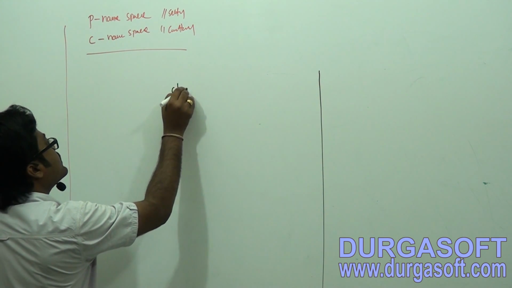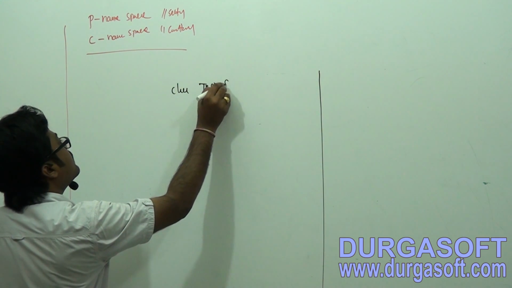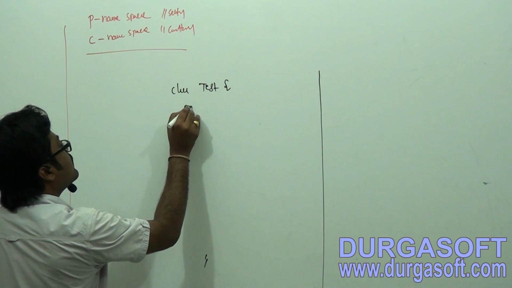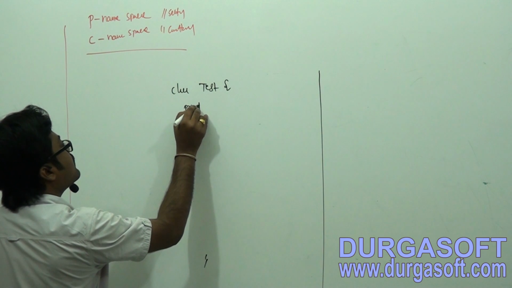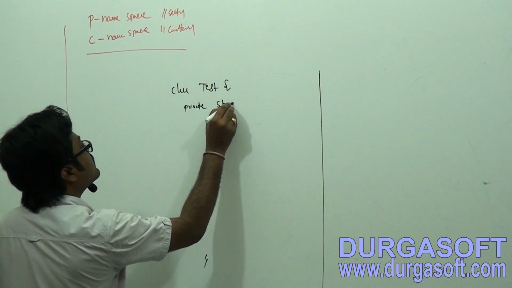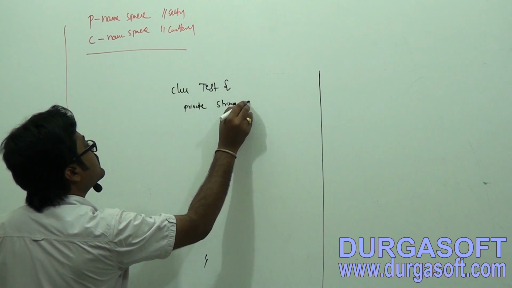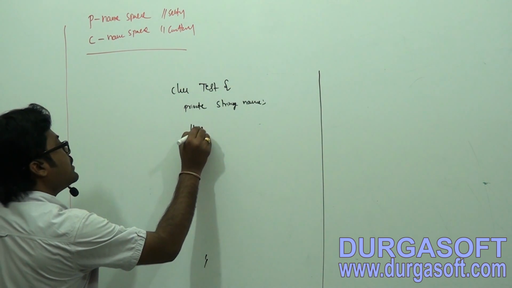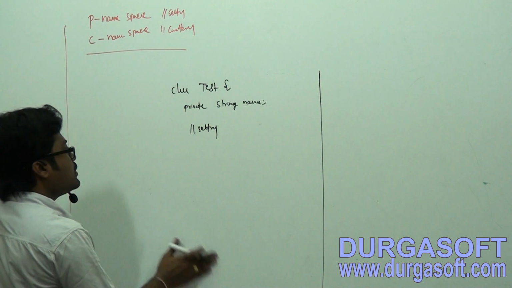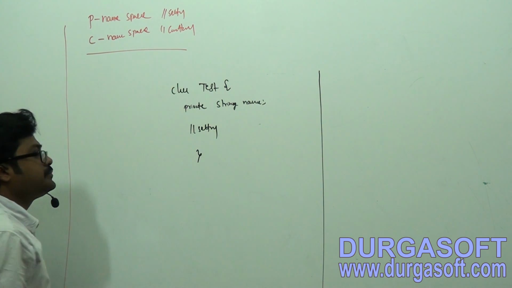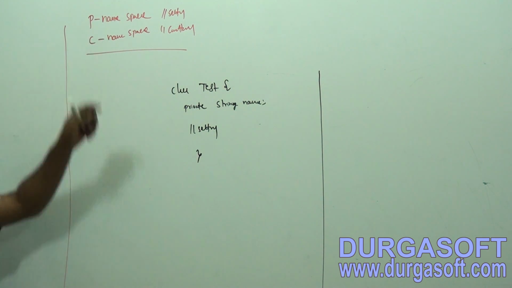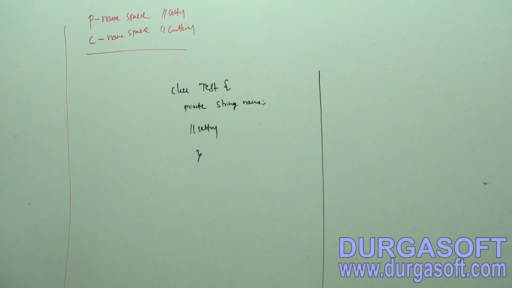If you have a class with string name, and if you have a setter method here, this setter method you can call in two ways, by using P namespace or else by using simple property tag.